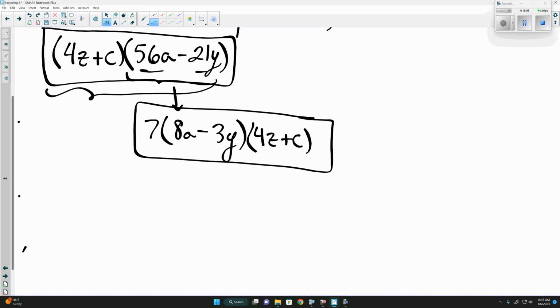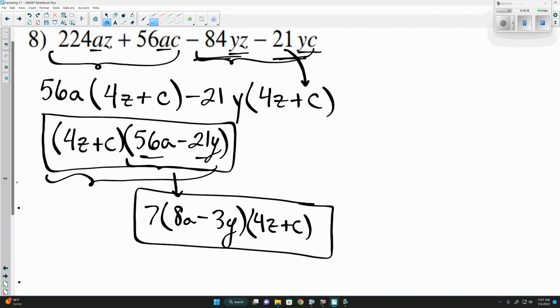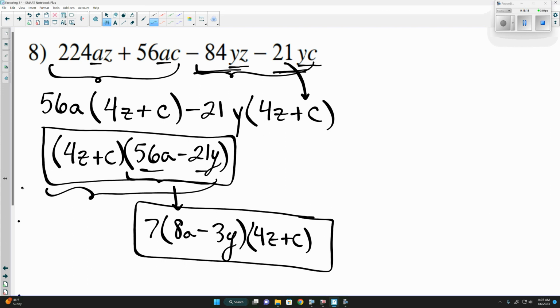The first one's just factored. But what that also means is that our starting numbers were all divisible by 7. So 224, well 56 we already saw it, 21 we know. It means 84 and 224 are also divisible by 7. So we could have pulled that out originally. Questions on this here? And that's it. That's all we're doing for today.